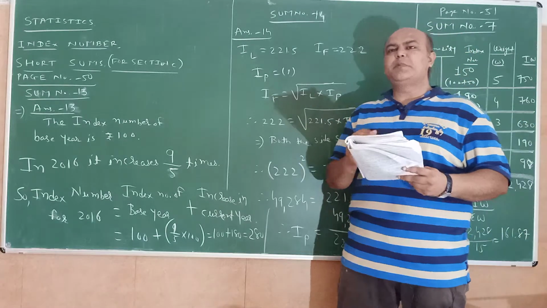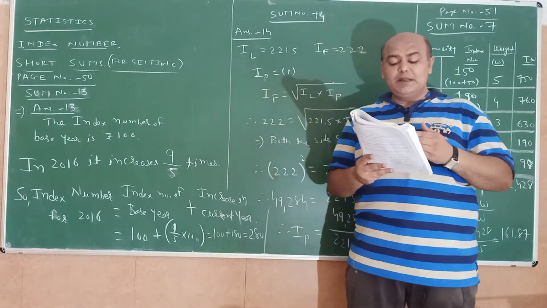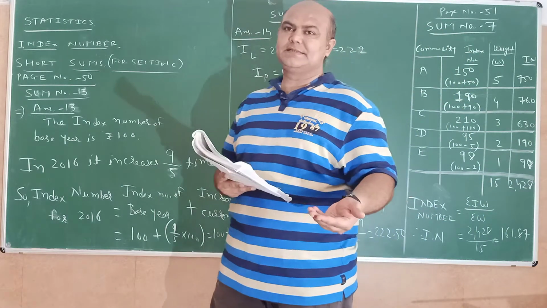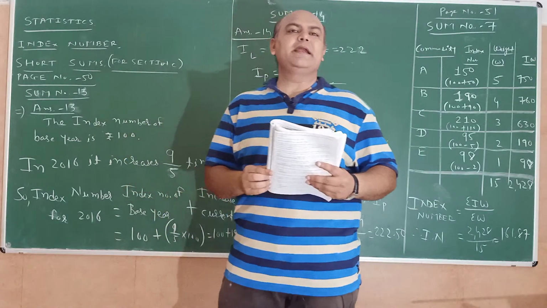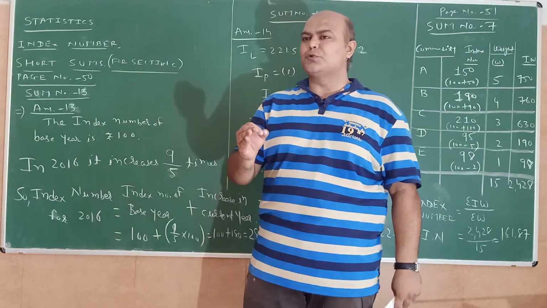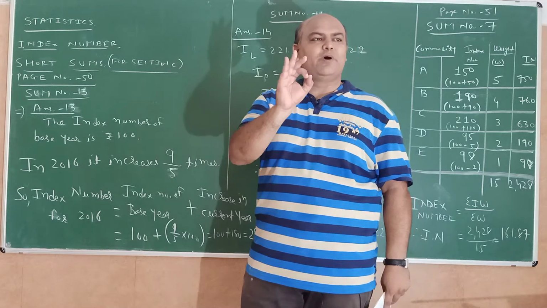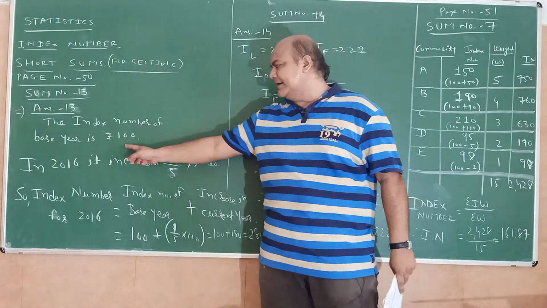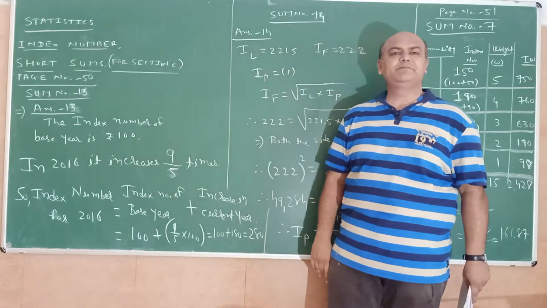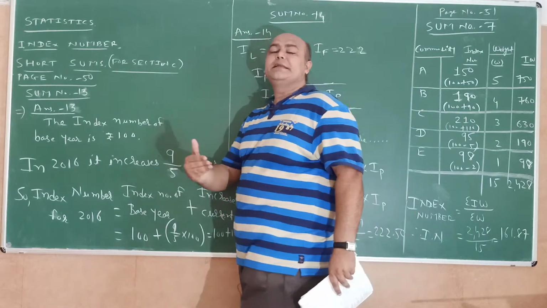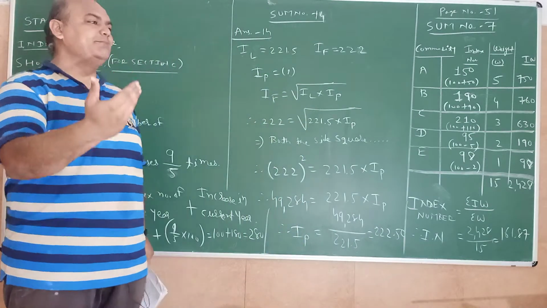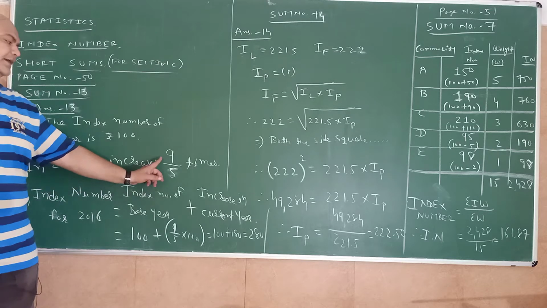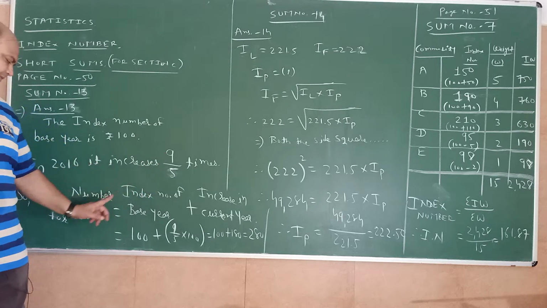Here, in this particular sum also, they only provide that 9/5 times increase. So the base year index number, here we have to suppose 100, that is 100. I write here the index number of the base year is 100. Now it is increased by 9/5 times. So in 2016 it increases 9/5 times.